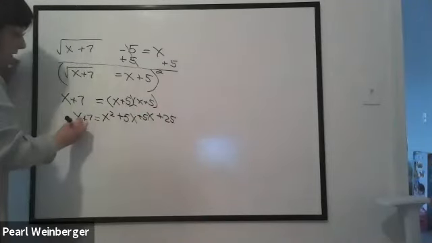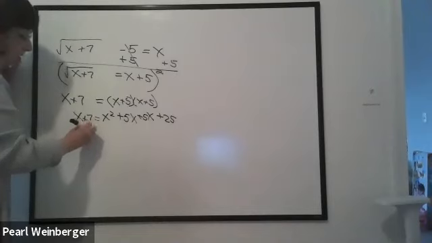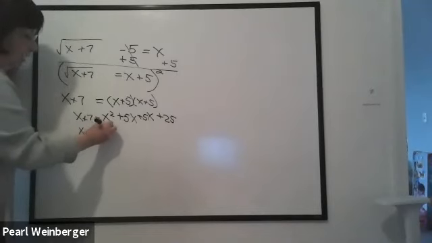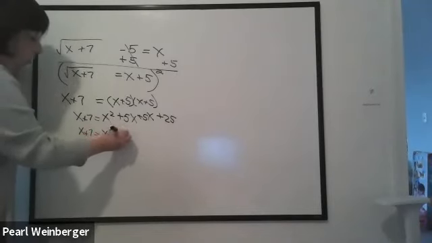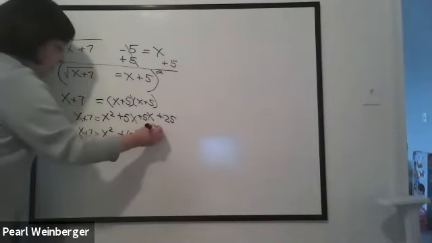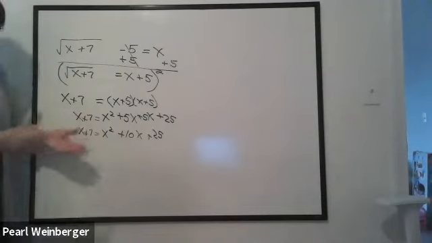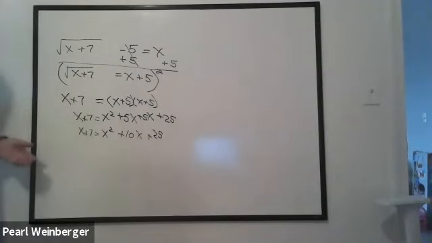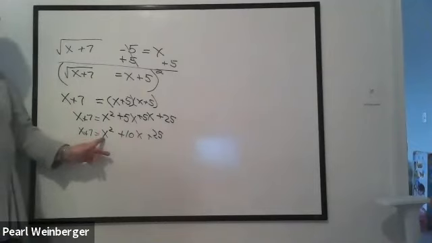In other words, we get that x plus 7 is equal to x squared plus 10x plus 25. And when I look at this equation, which is so much more complicated than what I started with, I see that it's a quadratic equation because it has an x squared in it.